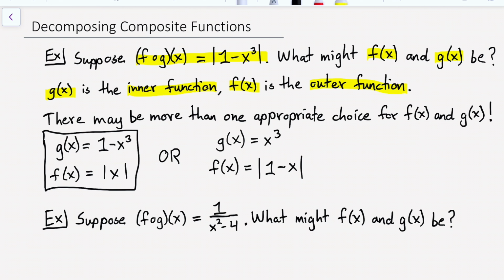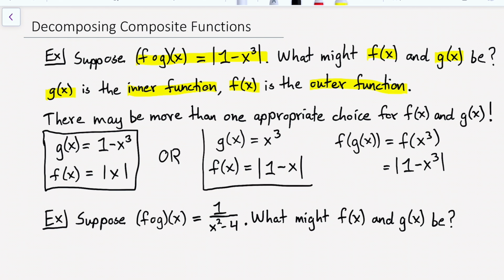And again, we could test this using composition of functions. F of g of x, in this case, would equal f of x cubed, which would equal the absolute value of 1 minus x cubed. So this is another logical choice for the building blocks, the original functions that made up this composite function. Once again, the choice is up to you.